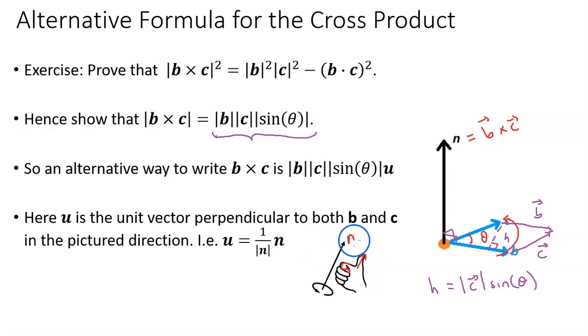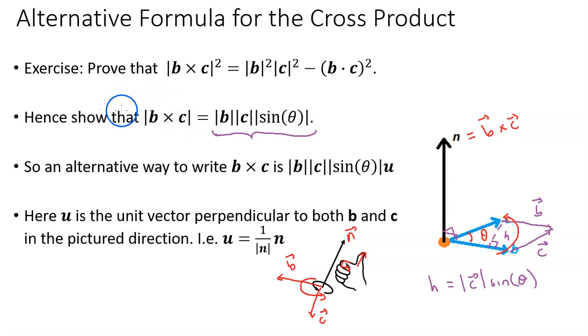That's going to be the same as the direction of our normal vector n equals b cross c. So if we have our normal vector pointing in this direction, that means we must have our vector b something like this, and then c something like that, so that the fingers curl around, they go through b first, and then they go through c.